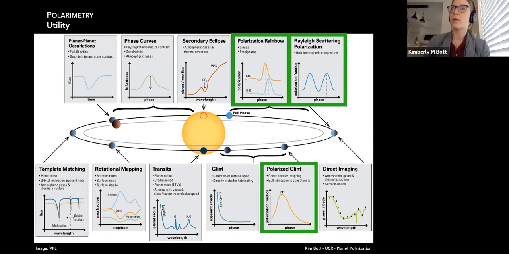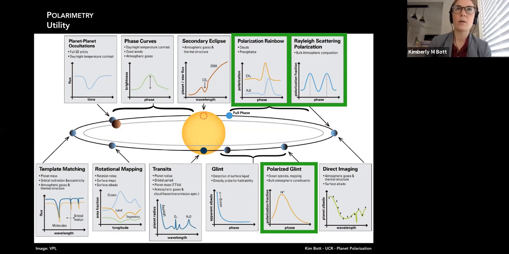Polarimetry, of course, is used in direct imaging and secondary eclipse for emissions. There are a lot of people in California actually working on projects related to trying to detect polarized light in emissions from brown dwarfs and young planets. Template matching is also done in polarized light.